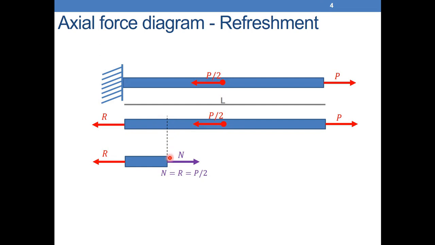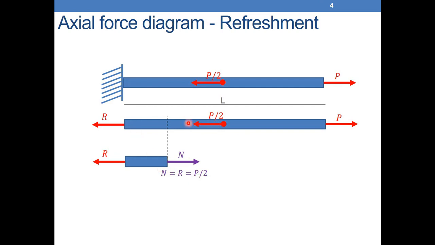If I make a random cut in the middle, I should have an internal axial force, which we take always going to the right. This is what we call the internal normal force, or internal axial force. Because of the equilibrium in this portion, since the sum of forces is equal to 0, we can see that N is equal to R, equal to P over 2. So every time I make a section anywhere between this point and this point, I will always have N equal to P over 2.